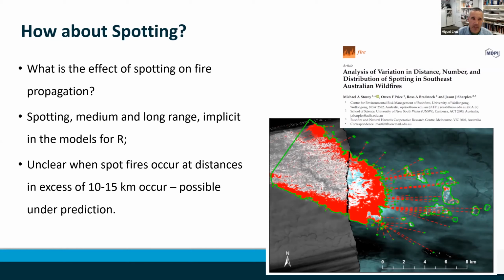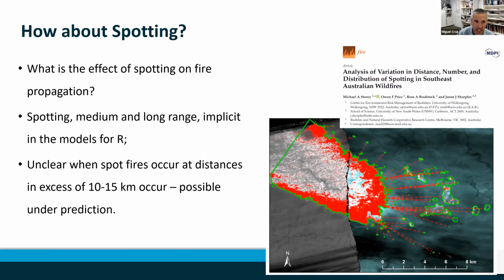It's also the case where spot fires land at such distances that they overcome the effect of the wake zone, so spot fires more than 10, 15 kilometers away. Those spot fires are likely to lead to some under prediction relative to what the model indicates in terms of overall fire propagation.